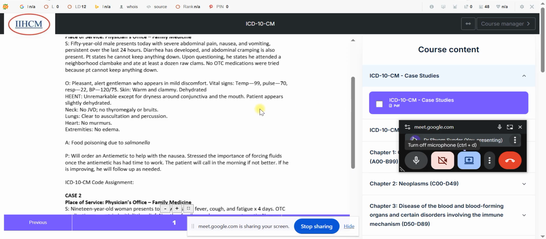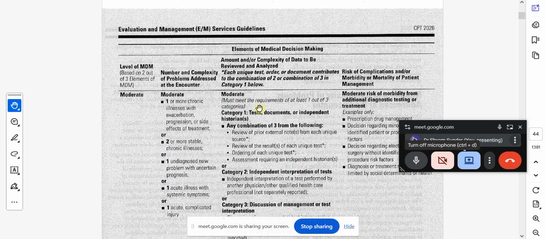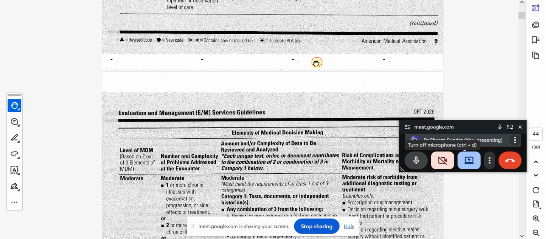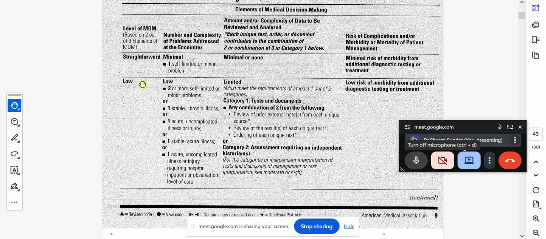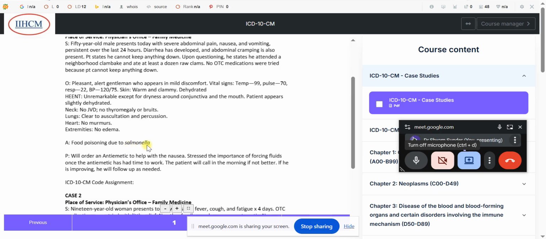All right. Now, using this table, it is definitely not straightforward. It is not self-limited. It's food poisoning. In case of food poisoning due to salmonella, there's infection, and the patient is receiving prescription medication.